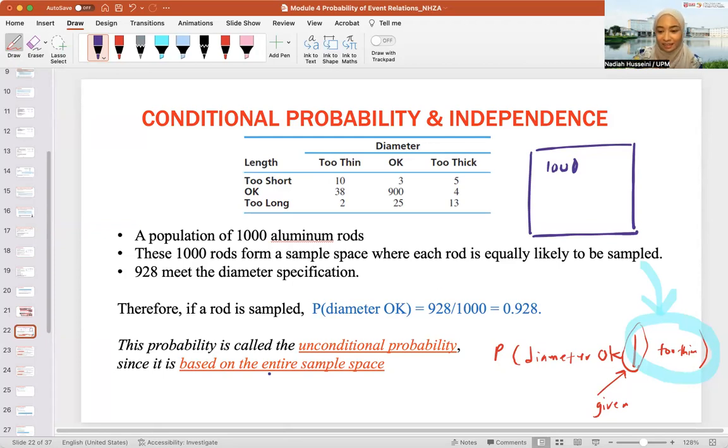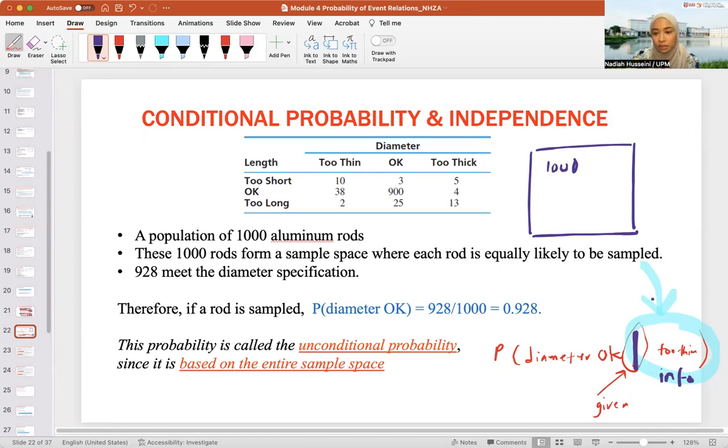Sorry about that. Let me repeat this part over here. When they ask you the probability of an aluminum rod that has a diameter that is okay, given, when you have this bar over here, you mention it as given, and this is the info that you have already. Find the probability that the aluminum rod has a diameter that is okay, given that it is too thin.